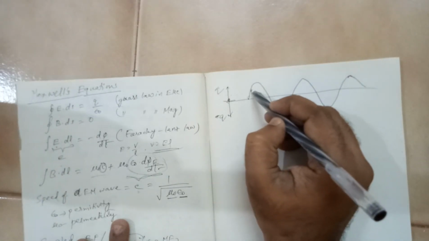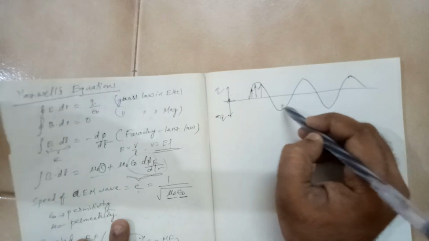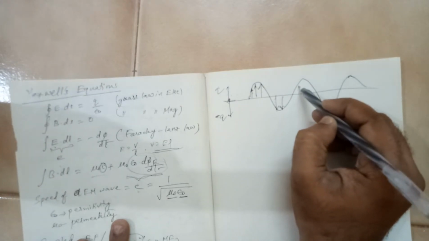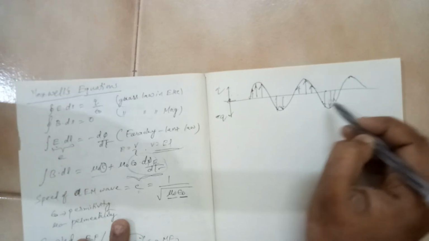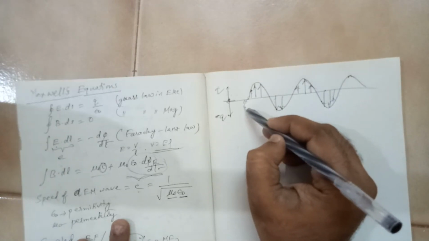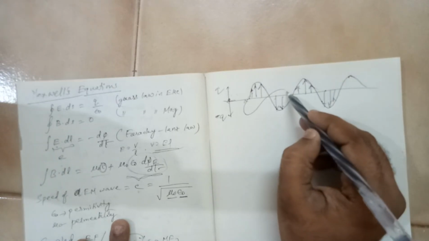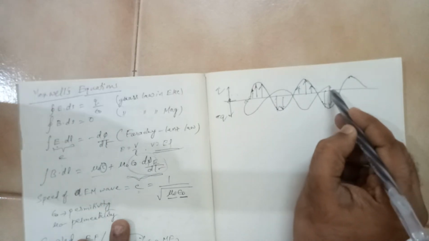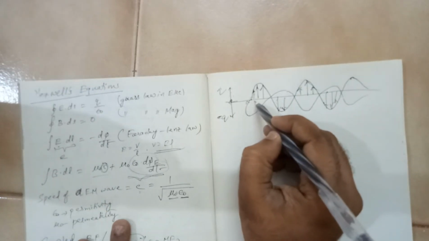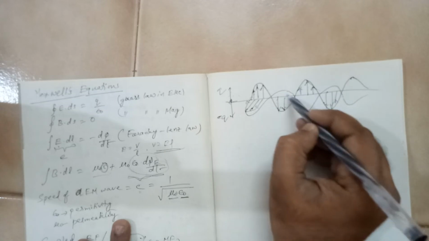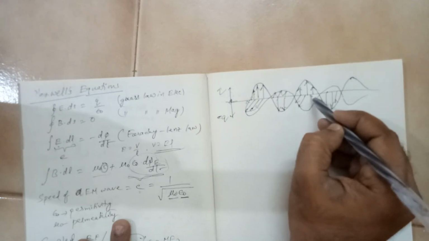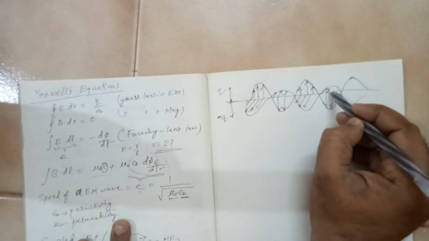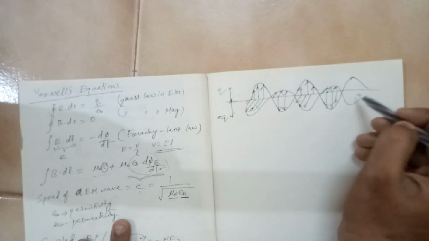So in this direction will be the electric field, and if you draw, in this direction will be the magnetic field.